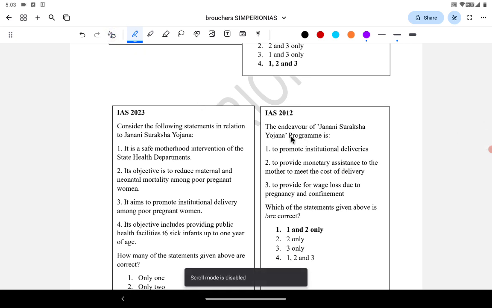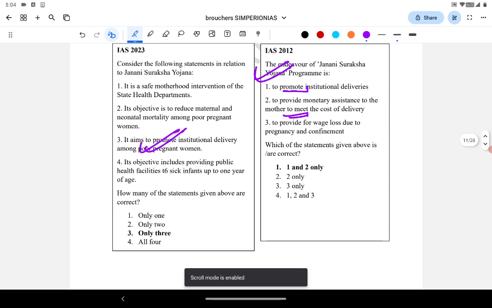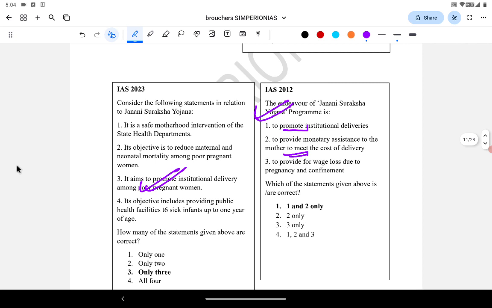This is another repetition: Janani Suraksha Yojana, asked in 2012. The first two statements are correct. It says it aims to promote institutional deliveries, and it provides assistance to mothers to meet the cost of delivery. Coming to statement 3, it aims to promote institutional delivery among poor women; it's already given. I think the fourth statement is wrong.